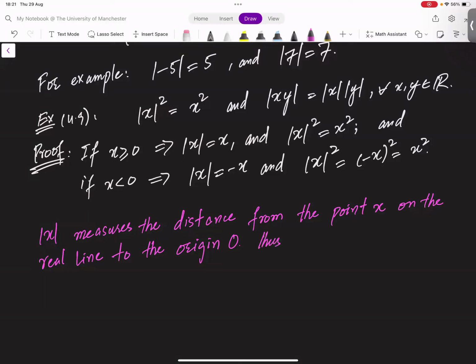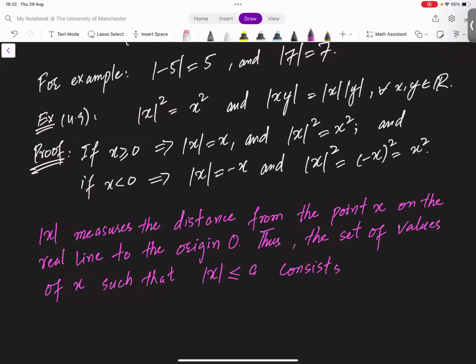Thus, for example, the set of values of x such that mod of x is less than or equal to a, for some point a on the real line, consists of all x between minus a and a, which we can write as minus a less than or equal to x less than or equal to a.